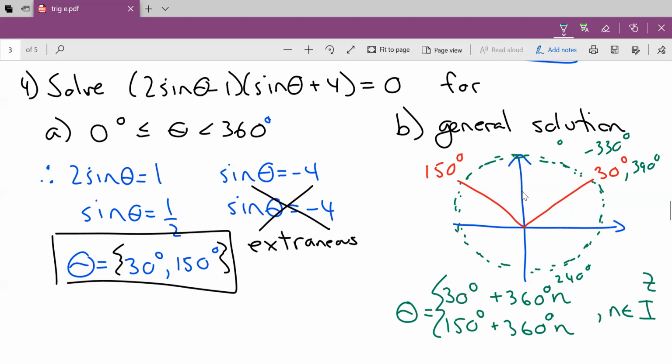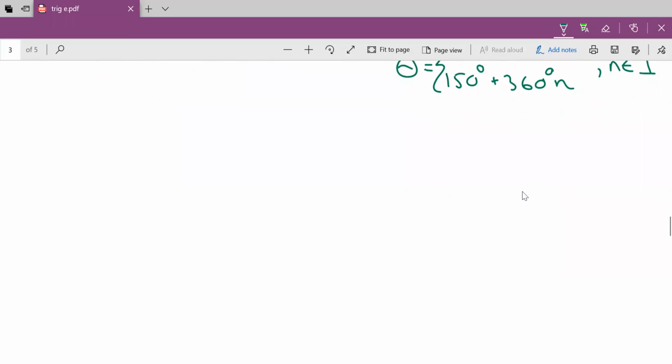Draw a picture. Now, what if there had been a pattern between 30 and 150? I'll show you. What if our solution from 0 to 360 had been this? We had found, let's say, 45 degrees and 225 degrees. All right.